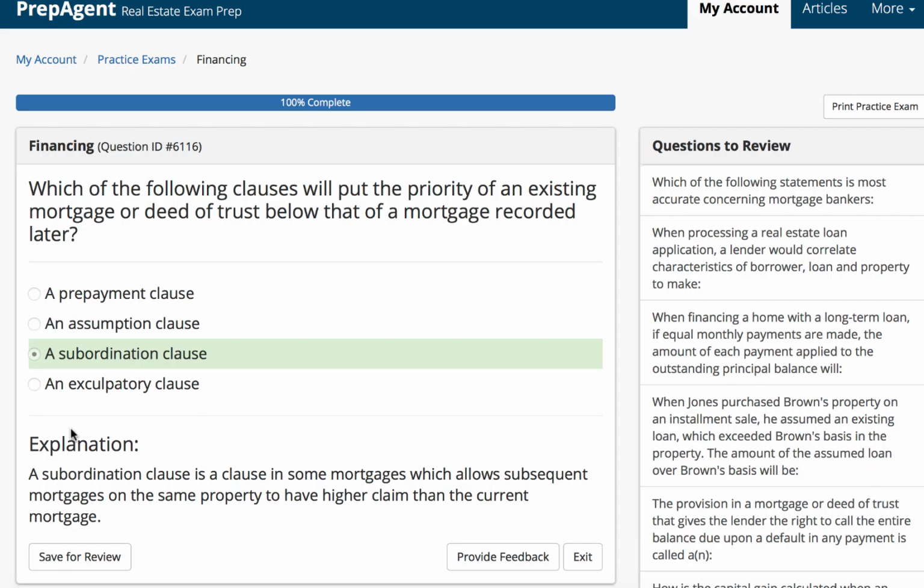Excellent. Good. Do you understand what a subordination clause is? That I do not. Okay. So when you get a loan, what takes priority, the first or the second? The first. Good. Unless there's a subordination clause. Okay. Which means the first will take a subordinate position to the later loan.